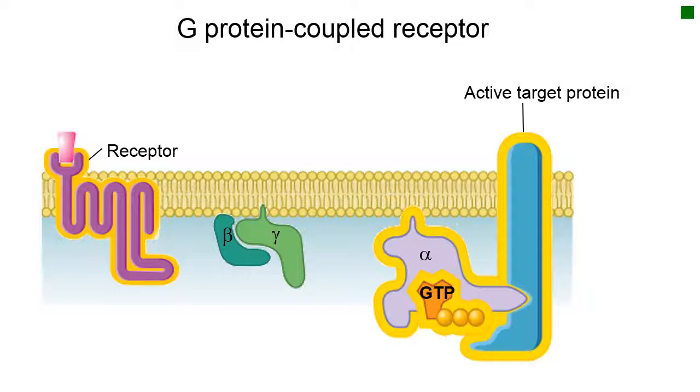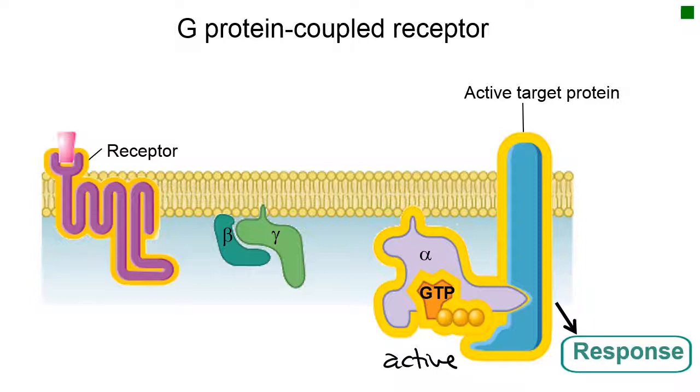The isolated GTP-bound alpha subunit is now active and able to bind to specific target proteins in the cell, activating them in turn. Those target proteins lead to the cellular response that occurs in response to the signaling molecule. The body's response to adrenaline is controlled by G protein coupled receptors.